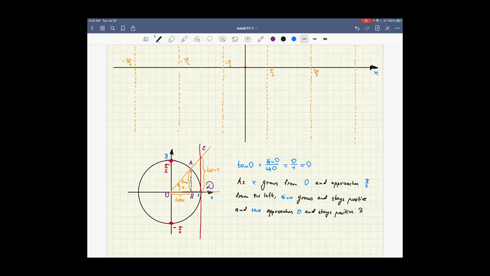Therefore, the ratio sine over cosine grows from 0 to positive infinity.